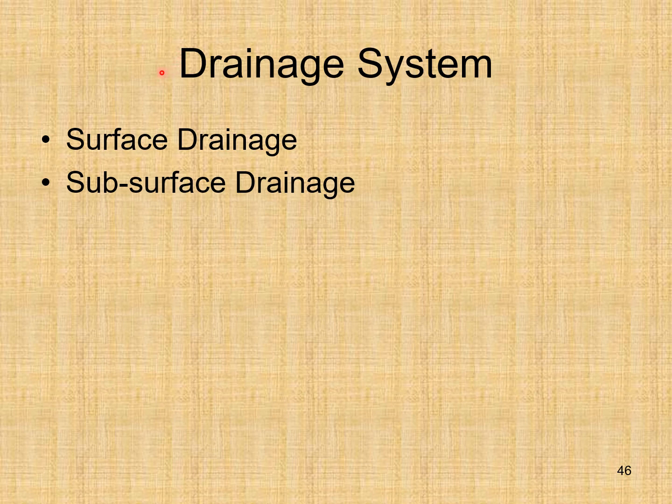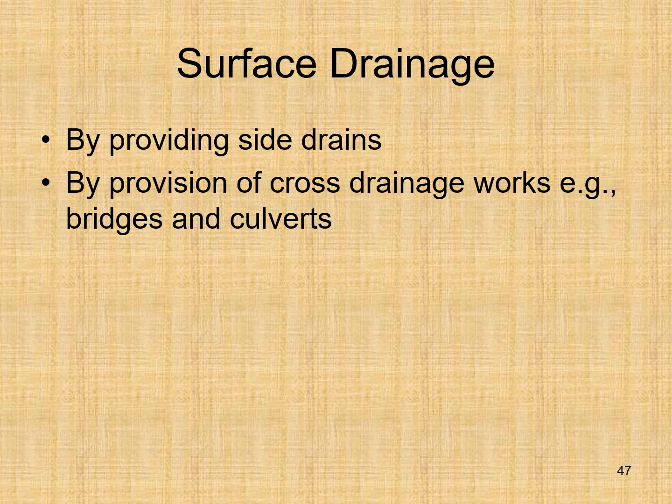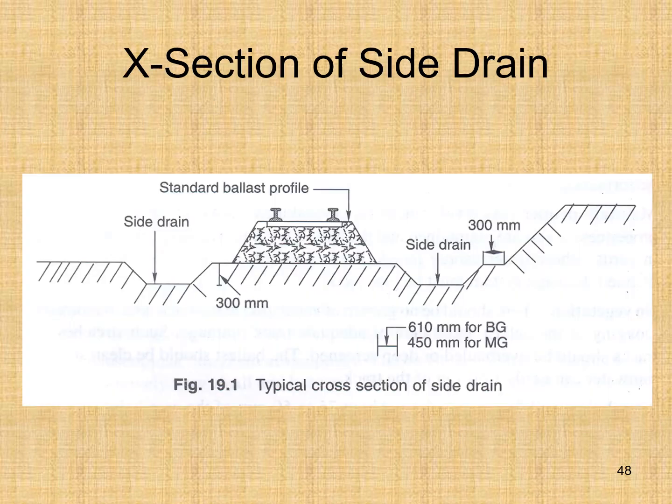Drainage system. We are having surface drainage system and the subsurface drainage system. Surface drainage: by providing side drains, by provision of cross drainage works, for example, bridges and culverts. So here you can see the typical cross section for the side drain.